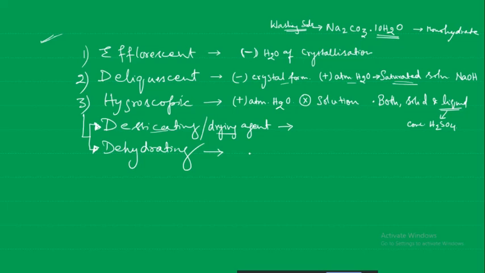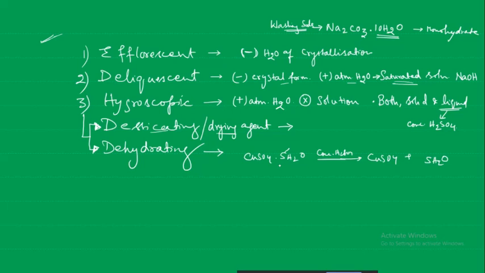For example, there is blue vitriol. If you add concentrated H2SO4 to it, it will remove the water of hydration from the blue vitriol.